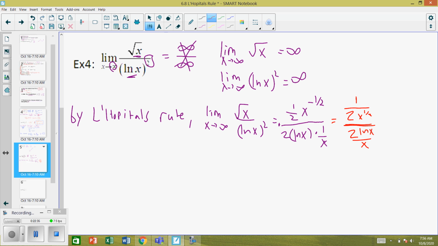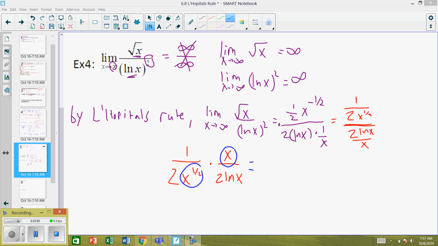And I might do this over in scratch work, but 1 over 2x to the 1/2 power. I'm going to do same change flip. Get something like that. And it looks like I can reduce x and x to the 1/2 power to being x to the 1/2 power on top.